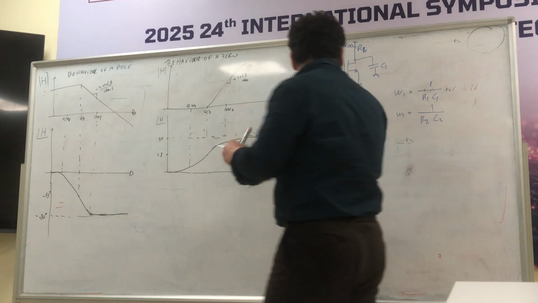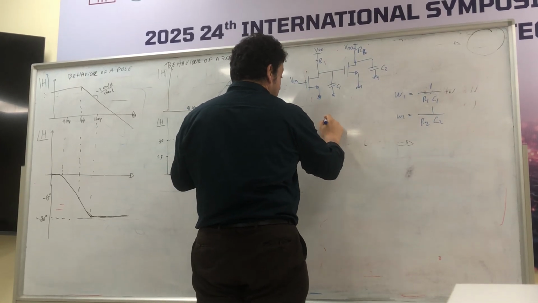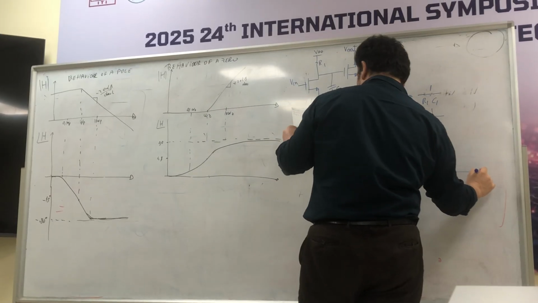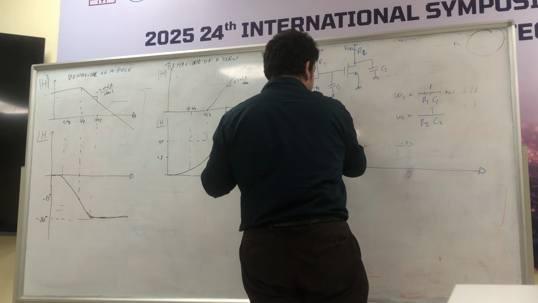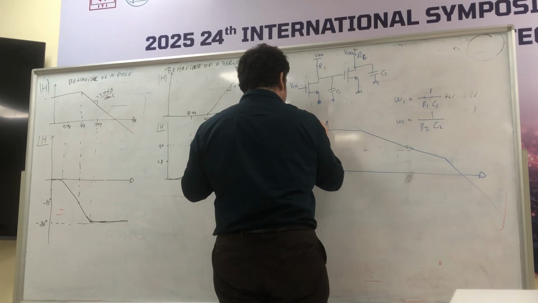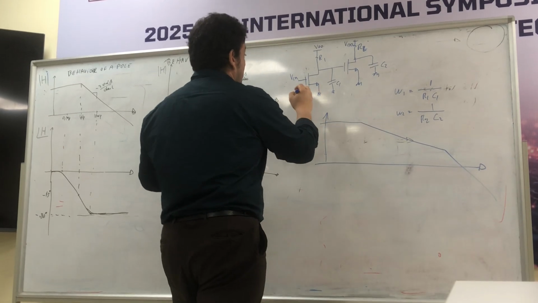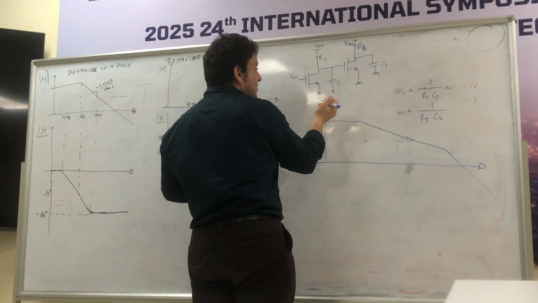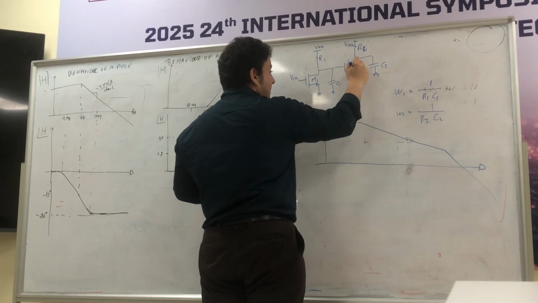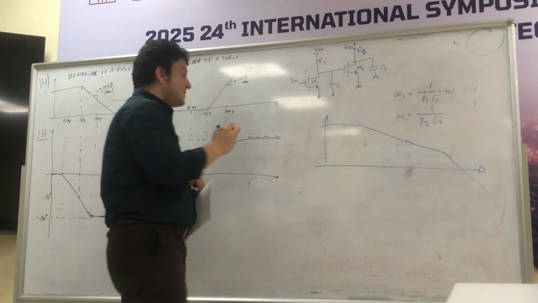Okay? So what does it mean? It means that if I want to draw the plot, I consider here one pole and here another pole, okay? So the DC gain, what would be the DC gain? What does DC gain mean?